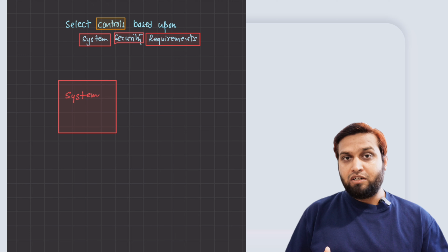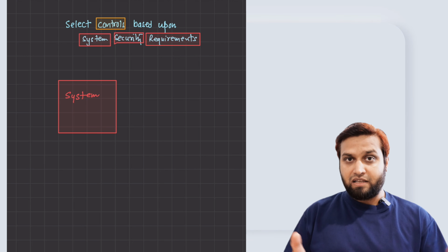Now, how to approach that? So technically, when you want to approach this problem of selecting controls for a specific system security requirement, or selecting controls for a specific secure system, then you may go from three different perspectives. You may think of the security controls from three different directions.